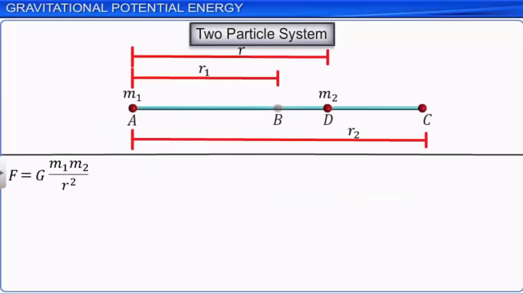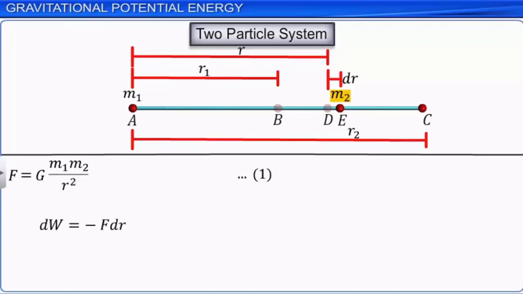If the particle is moved through an infinitesimally small distance, dr, as shown, the work done by the gravitational force on the second particle is denoted by minus F dr. On substituting F in this expression, you get minus G into m1 m2 divided by r square into dr. Let this be equation 2.